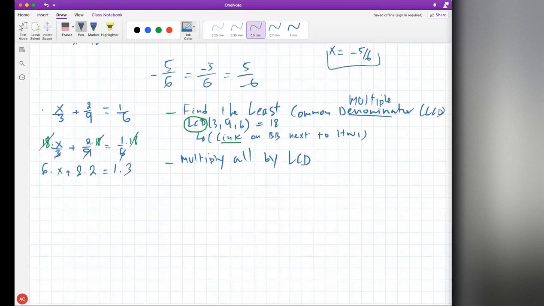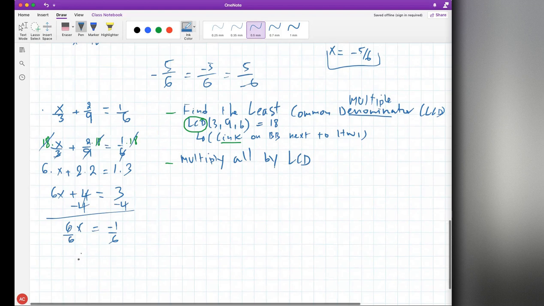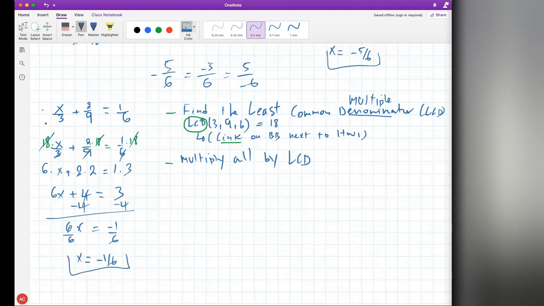Now we can multiply: 6x plus 4 equals 3. The other steps we know what to do now. Subtract: 6x equals -1. Finally, divide by 6. X is -1/6.